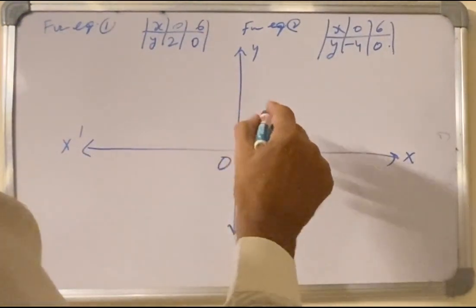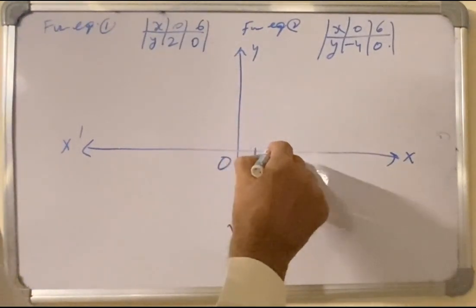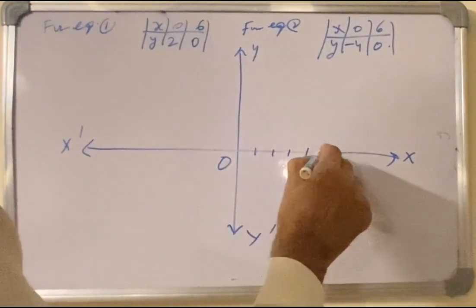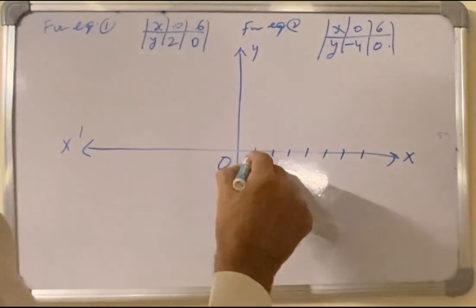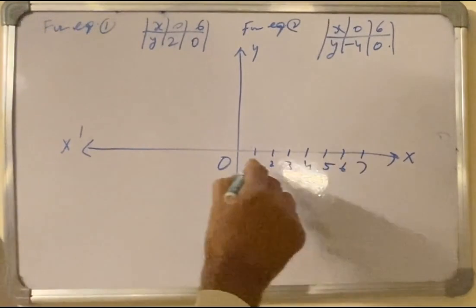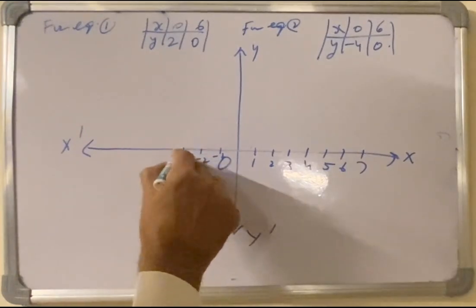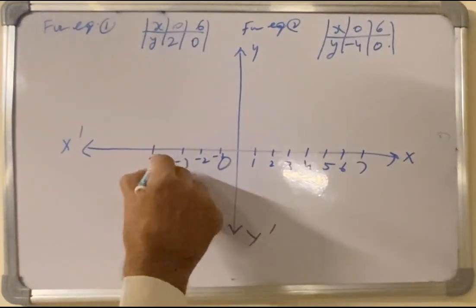We have lines 1, 2, 3, 4, 5, 6, 7. Similarly here, -1, -2, -3, -4.